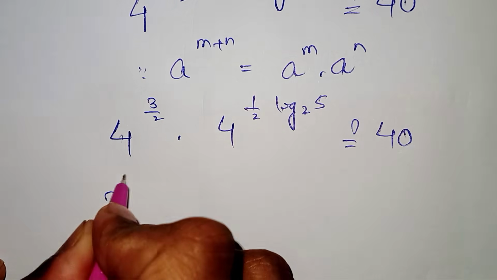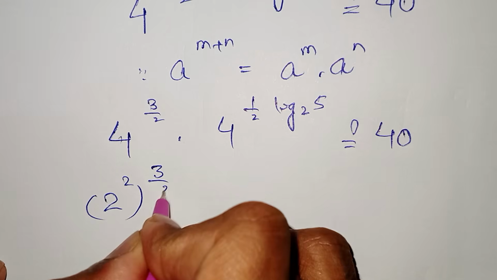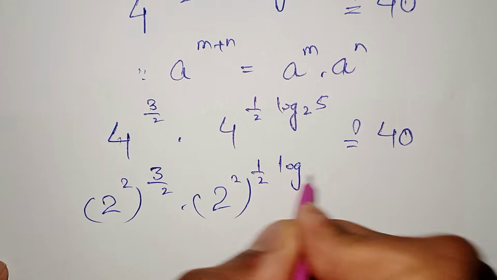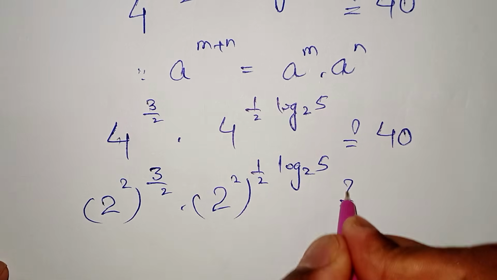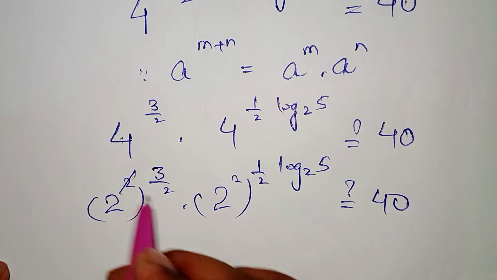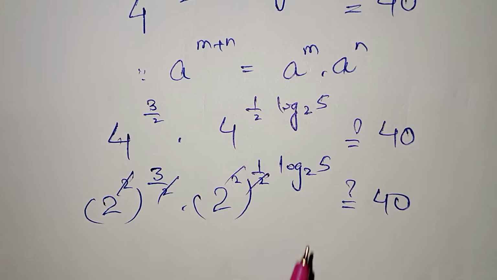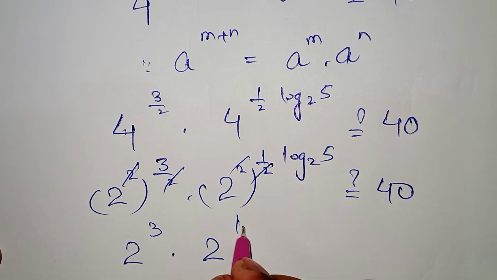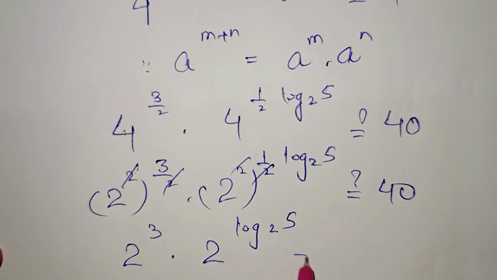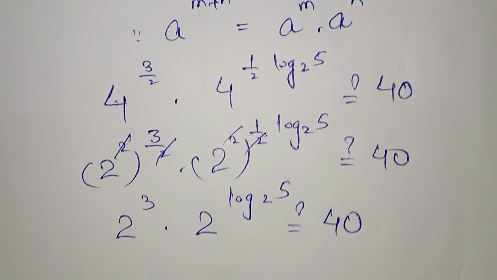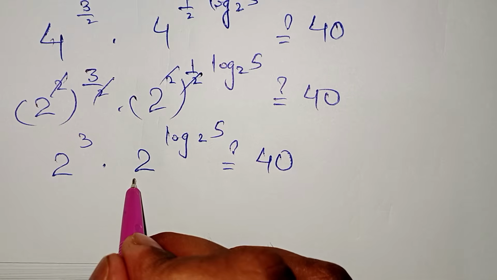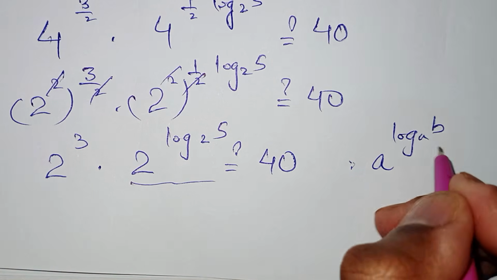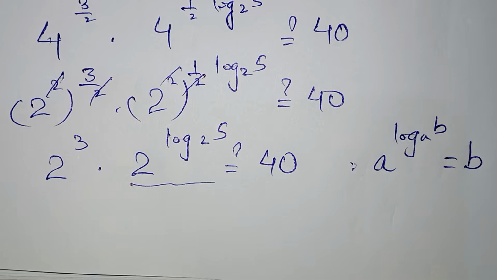This can be written as 2 square whole power 3 by 2, times 2 square to the power (1 by 2 log of 5 with the base 2) equals 40. 2 cancels with 2 and 2 cancels with 2. We have 2 power 3 times 2 power log of 5 with the base 2 equals 40. Now use a formula for this term: a power log of b with the base a always equals b.